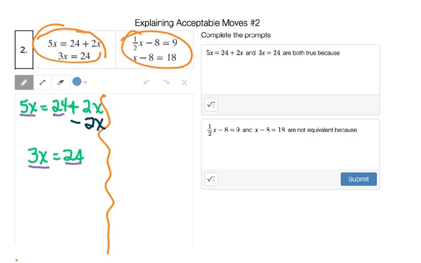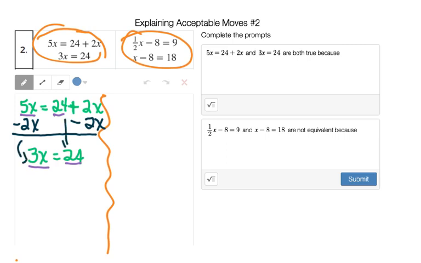And again, remember that whole balance piece: whatever I do to the one side, I have to do to the next side. So on the right side, I took away 2x. And on the left side, I'm going to take away 2x. And when I do that, notice I draw a line because in a sense, I'm doing moves to an equation. 5x, take 2x away, I have 3x.